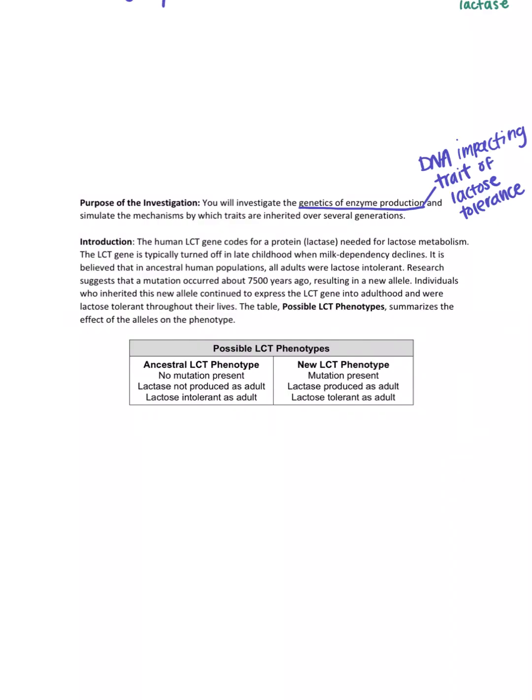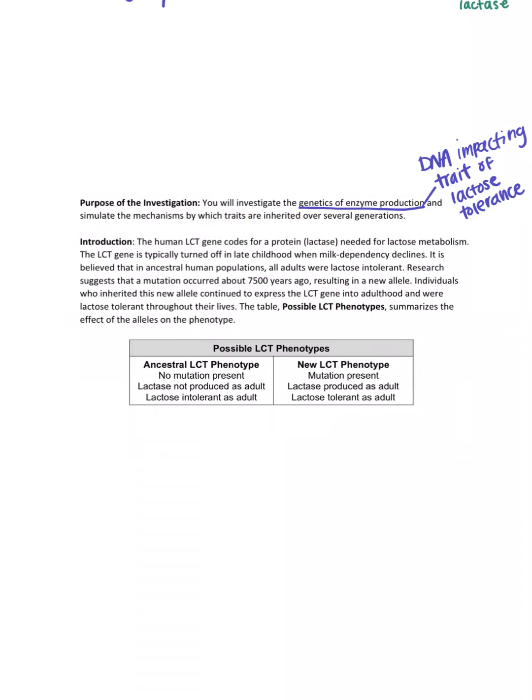It is believed that in ancestral human populations, all adults were lactose intolerant. Research suggests that a mutation occurred about 7,500 years ago, resulting in a new allele. Individuals who inherited this new allele continued to express the LCT gene into adulthood and were lactose tolerant throughout their lives. The table, Possible LCT Phenotypes, summarizes the effect of the alleles on the phenotype.